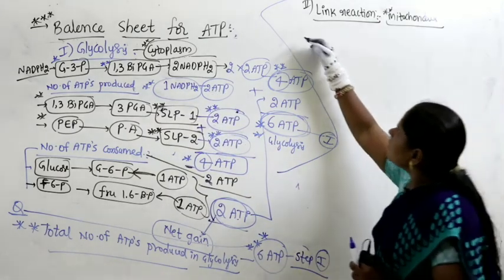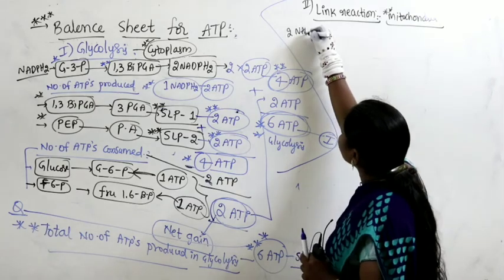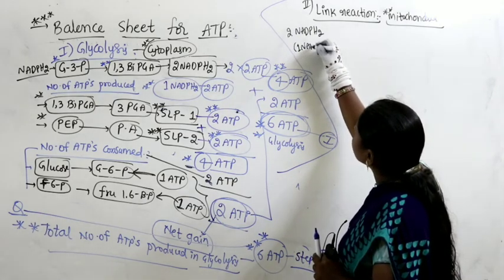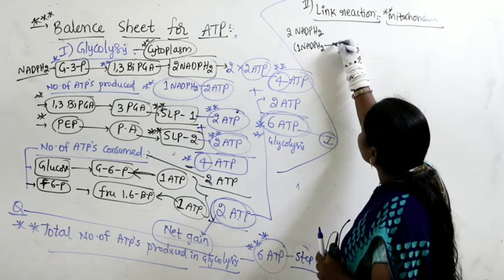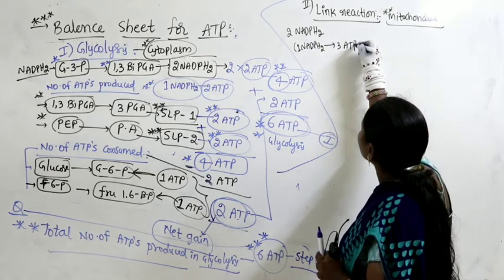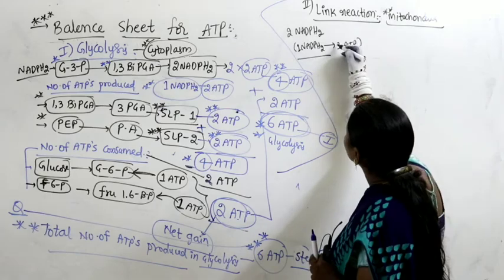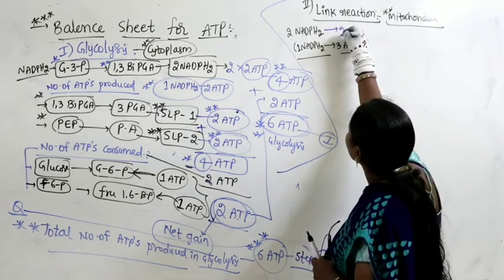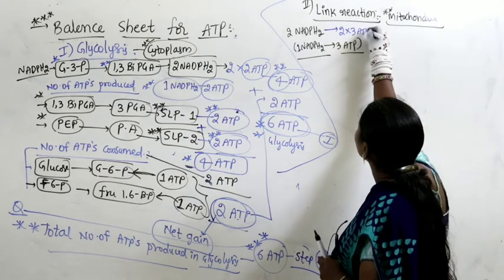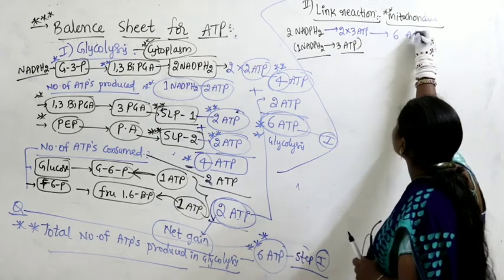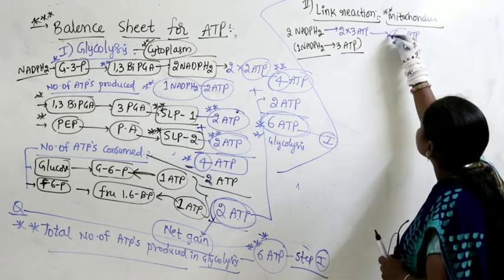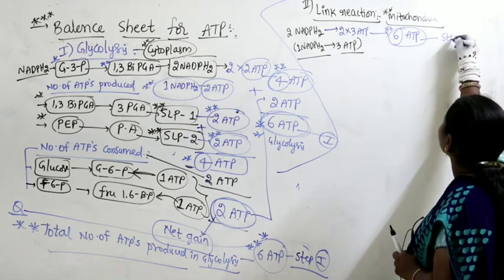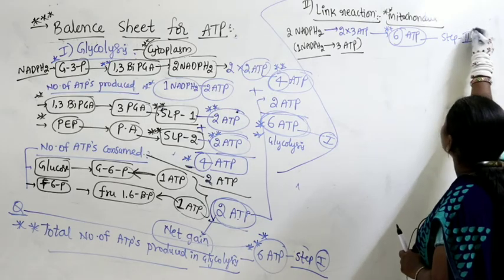In link reaction there is a production of 2 NADPH2 and here 1 NADPH2 contributes for 3 ATP. Each one contributes for 3 ATP. So 2 NADPH2 means 2 into 3 ATP. So altogether there is a production of 6 ATP. So that is step number 2.